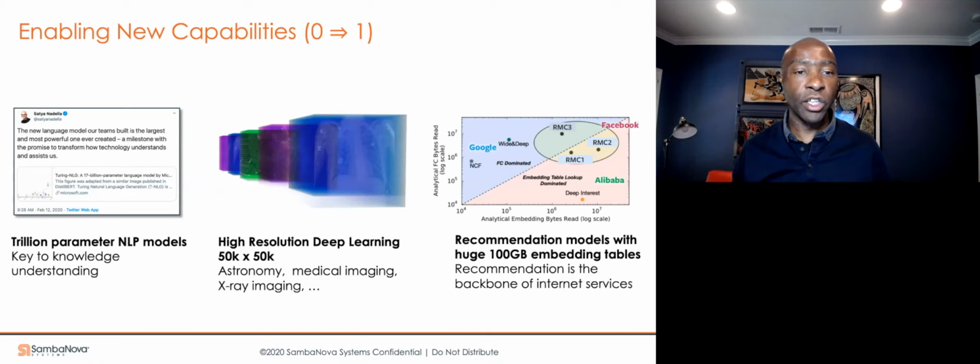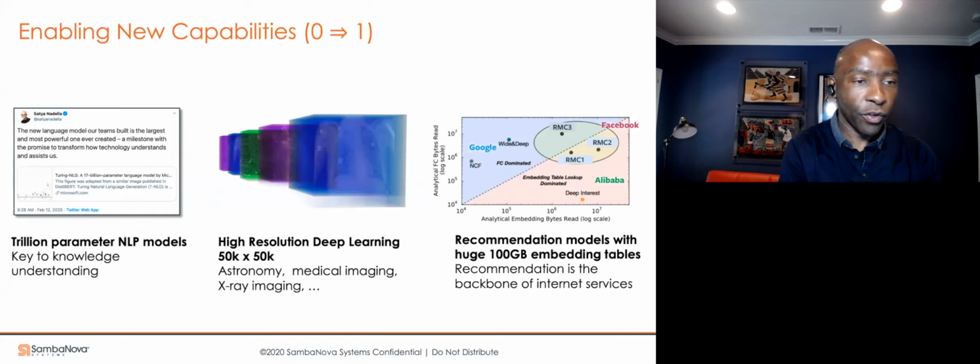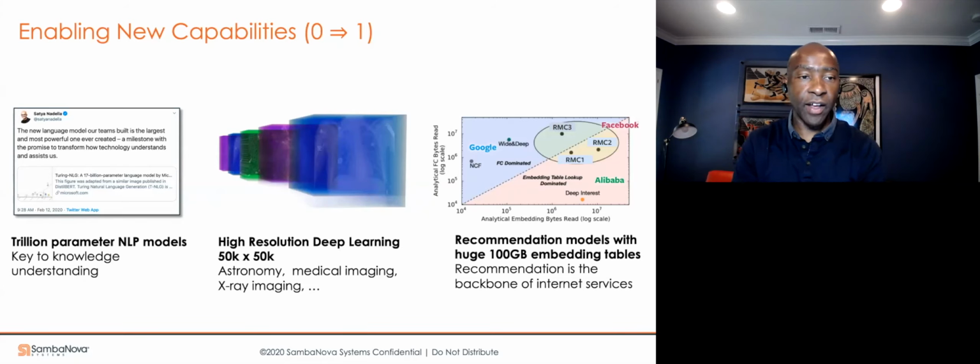Also, very high resolution image models, right? You want these high resolution image models for astronomy, medical imaging, X-ray imaging, and the like, and these are not easily handled by current GPU-based systems.